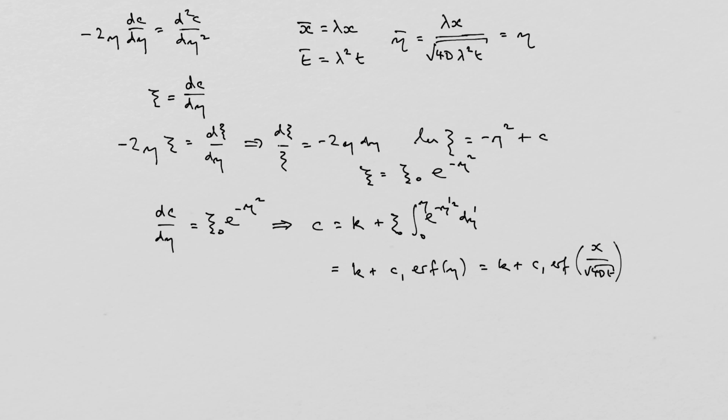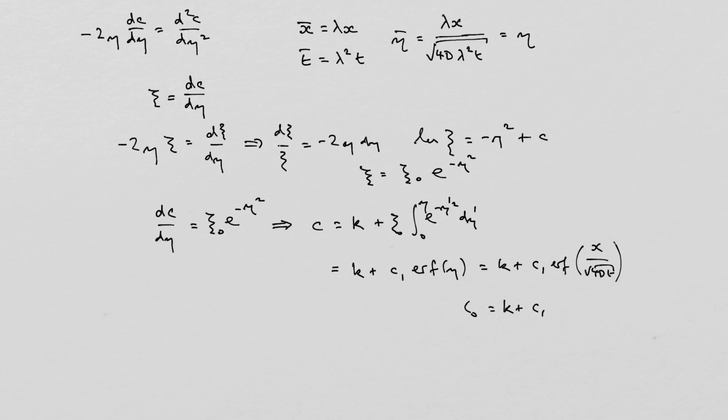If x is positive, I didn't draw you what error function is, but error function is an odd function because it's the integral of an even function. Yeah. So as the argument tends to plus infinity, this tends to plus 1, and as it tends to minus infinity, it tends to minus 1. So as t tends to 0, this tends to plus 1 if I'm in the positive half. So for my previous thing, that's where I wanted the concentration to be C0 everywhere.